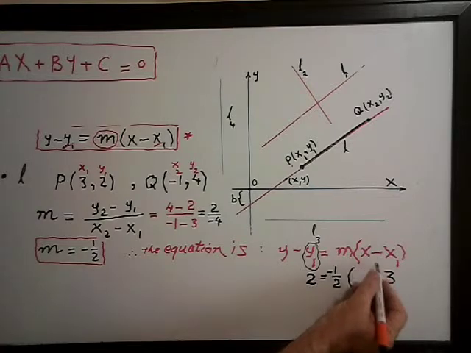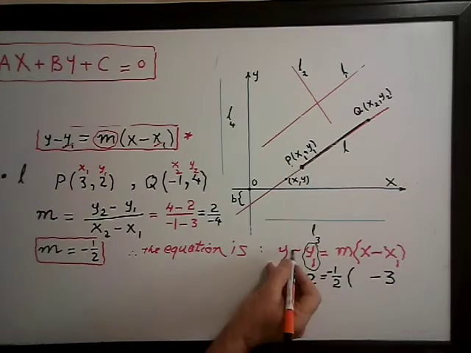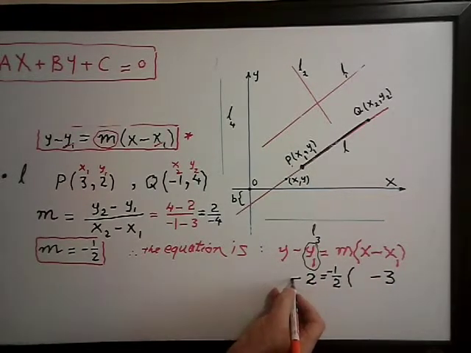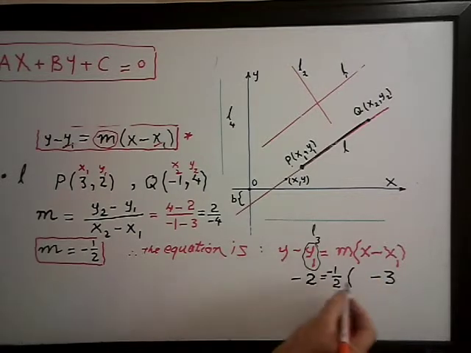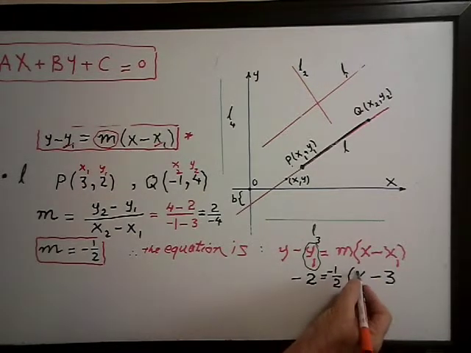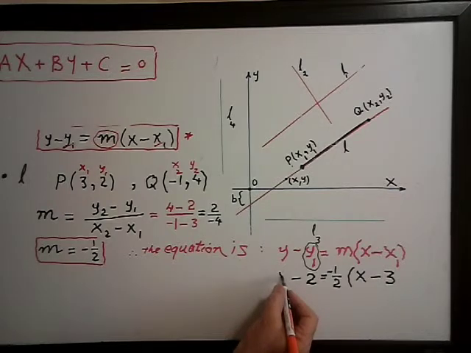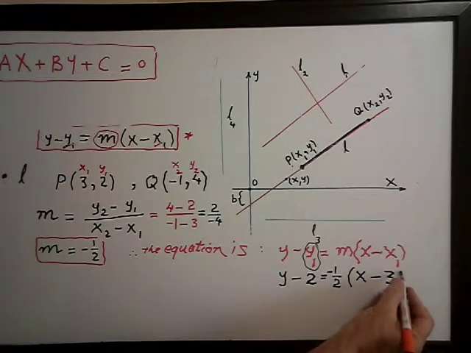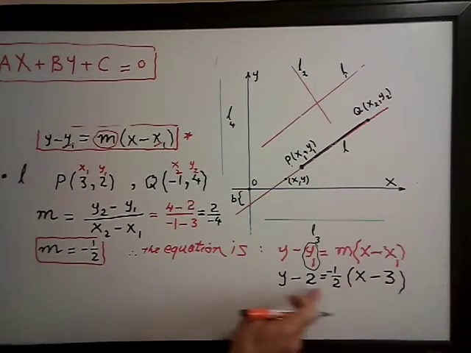And this sign will come down, and this sign will come down, and x and y stay here to form the equation. So this is the equation.